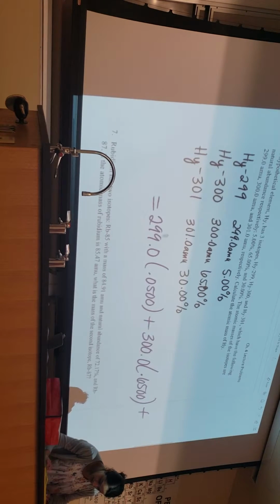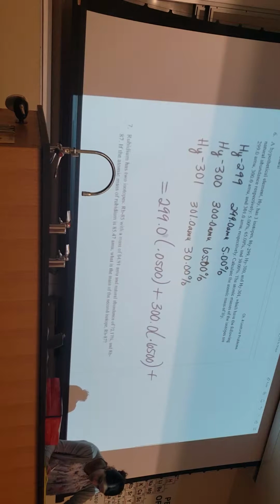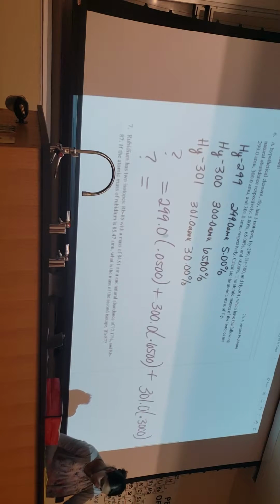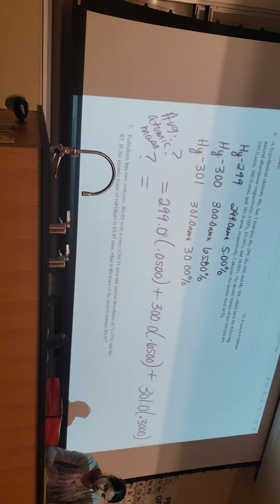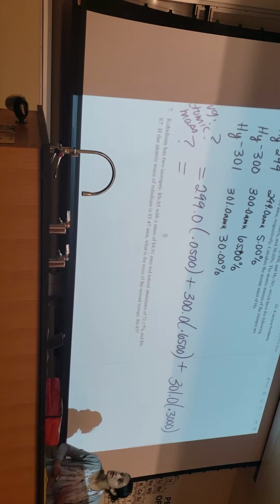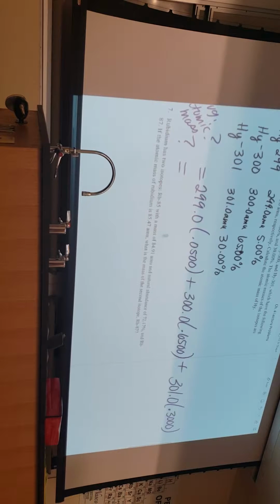Now notice I'm not getting rid of any of the zeros because they're still significant. So you're solving for the average atomic mass. So you're going to multiply by each mass and then add them up together.